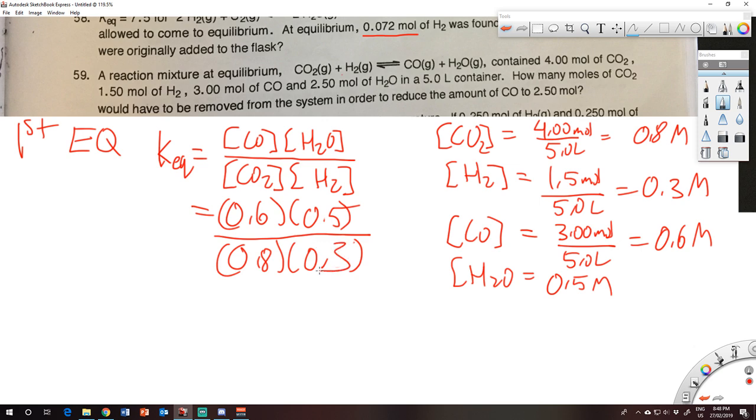Okay, and calculating all this out: 0.6 times 0.5 divided by 0.8 and 0.3. KEQ is 1.25.